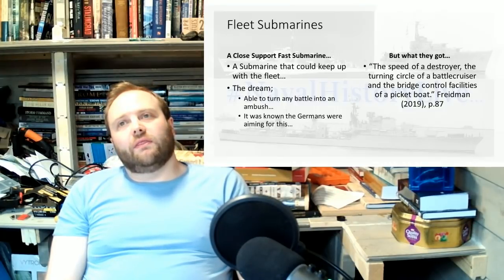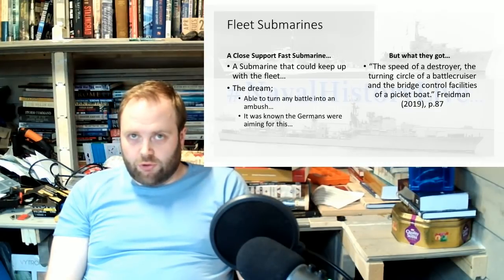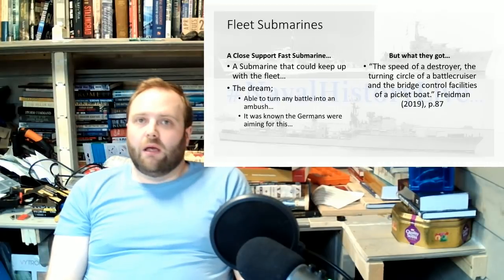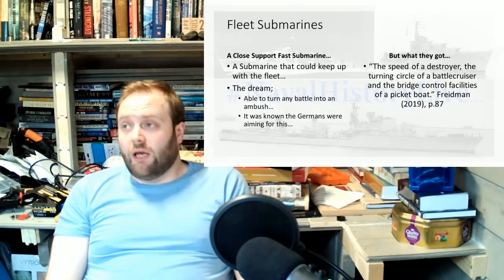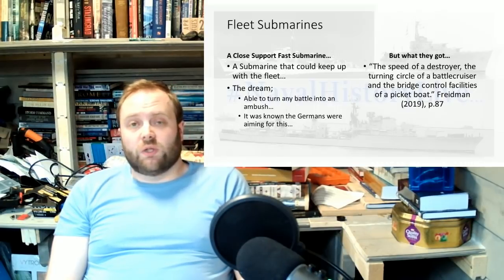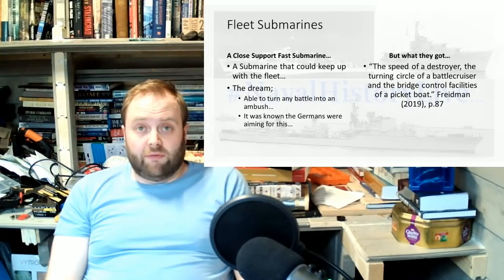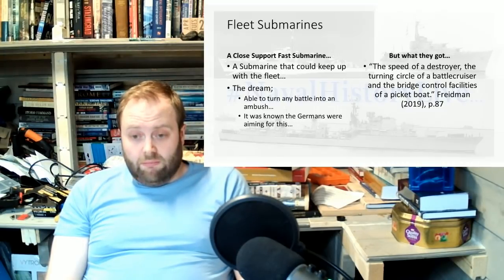And there is also the fact that a surface ship carries one type of propulsion. Okay, it might be diesel electric, it might be gas diesel, there's all sorts of different combinations of that propulsion, but there's only one set.